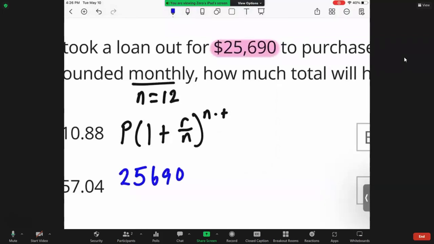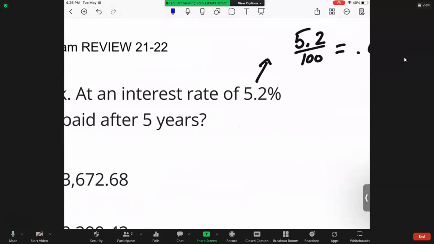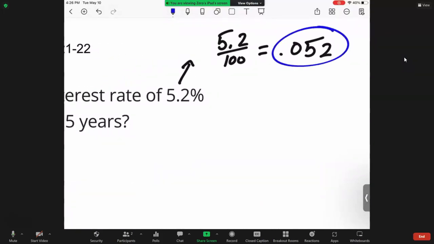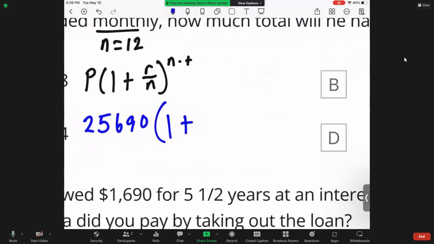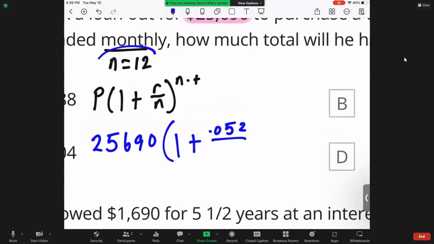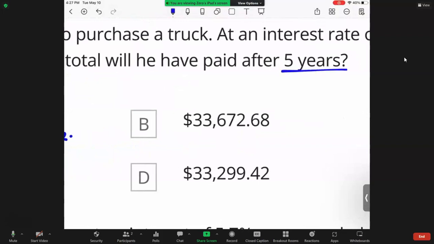Then there's a 1 plus R, R is the interest rate. How much is the interest rate? That's the interest rate, 0.052. N is how much time he's going to pay per year, that's N, 12. And then N on top again, so that's 12, times T. T is how many years? 5.